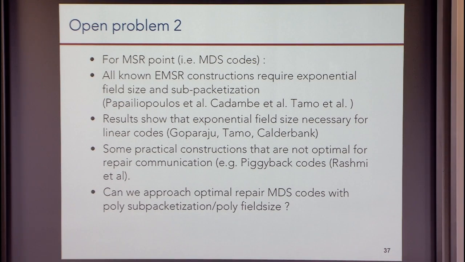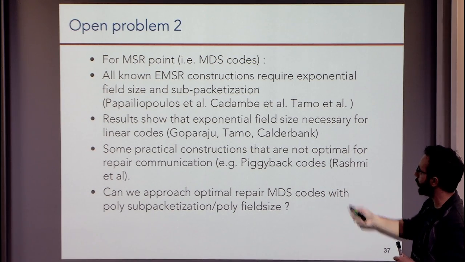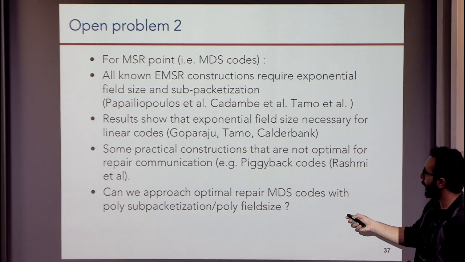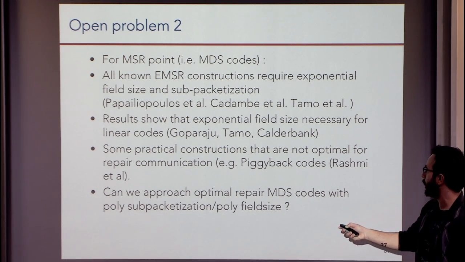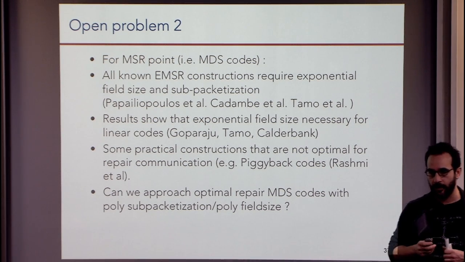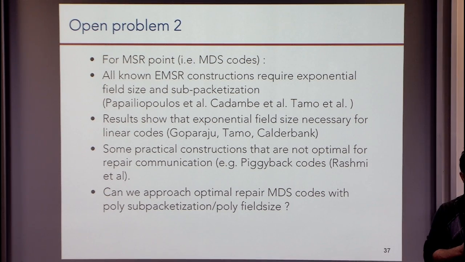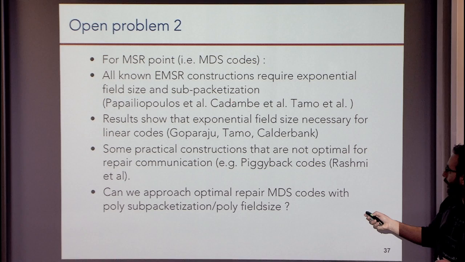Open problem number 2. For the MSR point, the minimum storage point, which means MDS codes, all known exact minimum storage constructions require exponential field size and exponential subpacketization. In fact, there are 3 constructions that were concurrently done in 2012. One of them by my group, the Hadamard code, as we were calling it, Hadamard designs, I guess.